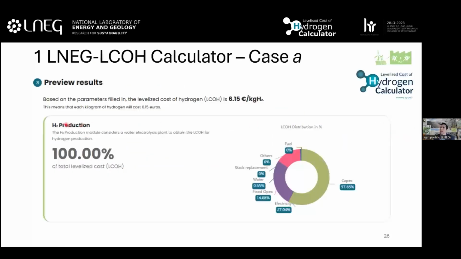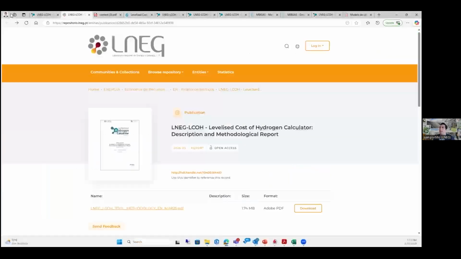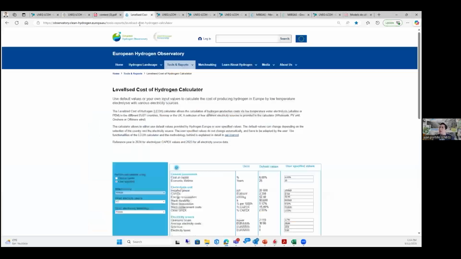This is the result of the European tool. Based on the equivalent parameters that we fed into our tool, the result is 6.15 euros per kilogram of hydrogen.